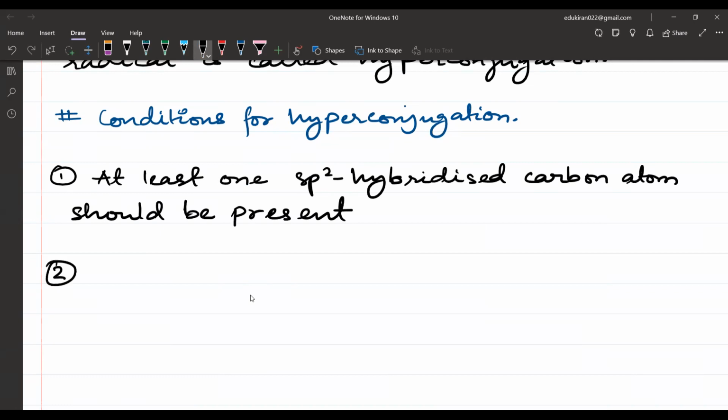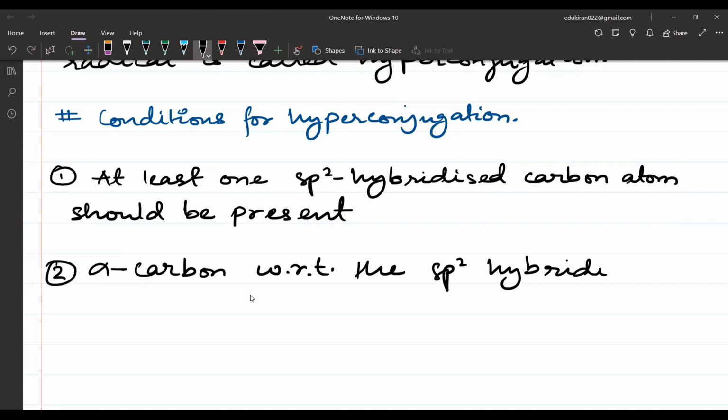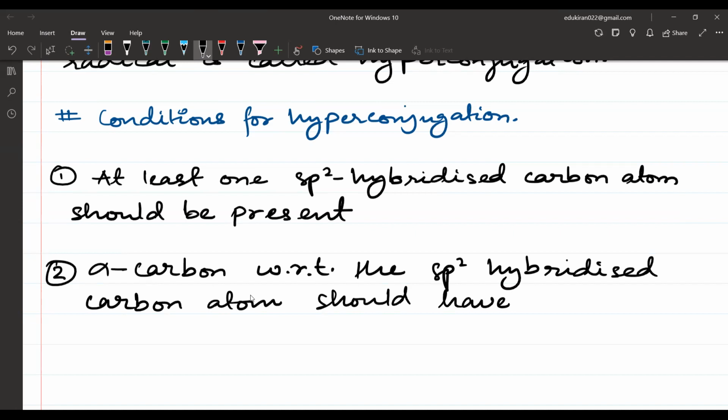Second, alpha carbon with respect to the sp2 hybridized carbon atom should have at least one CH bond.